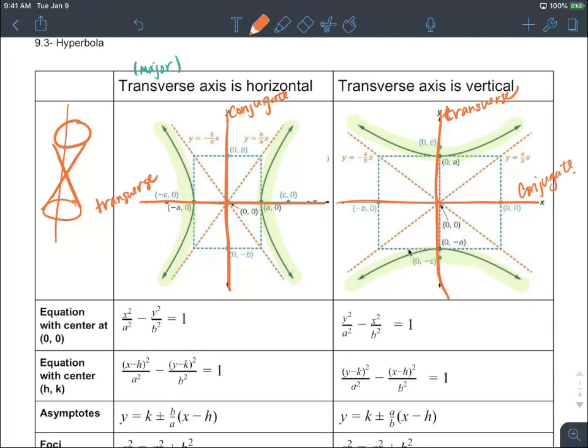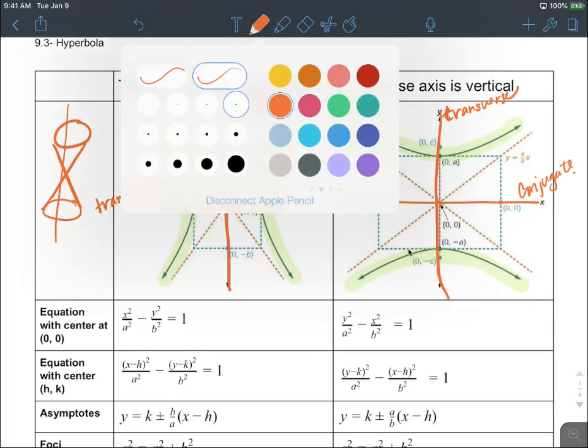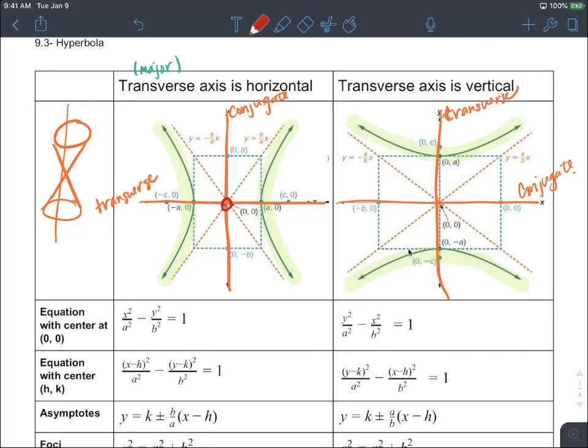Next, the distance from the center, so here's my center, to the point on the hyperbola, which we call the vertex, here's another vertex, is a distance of a.